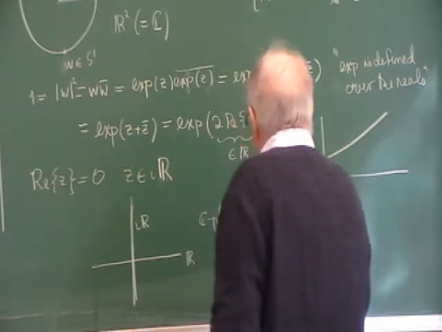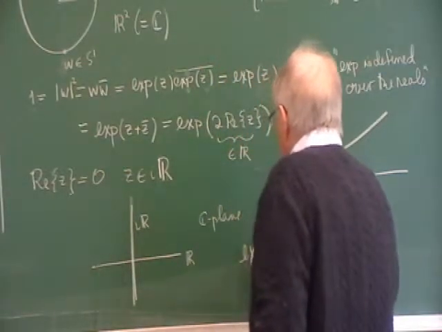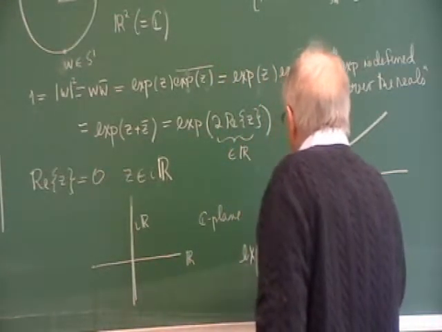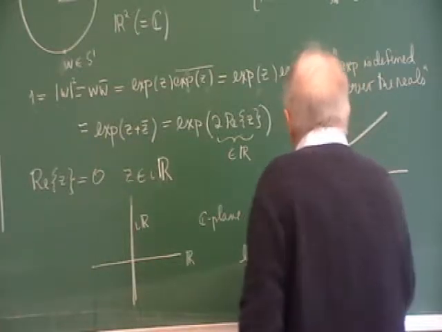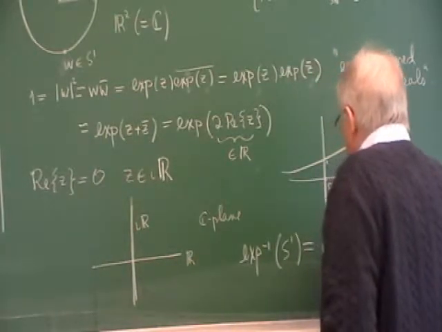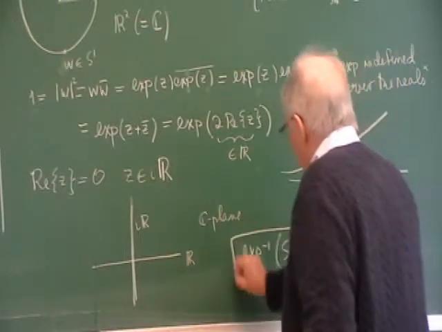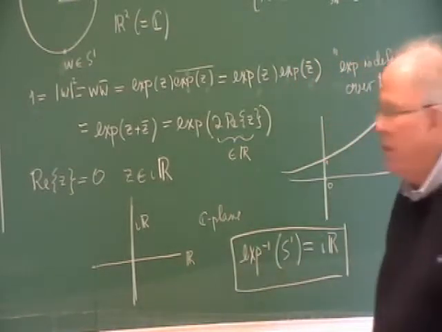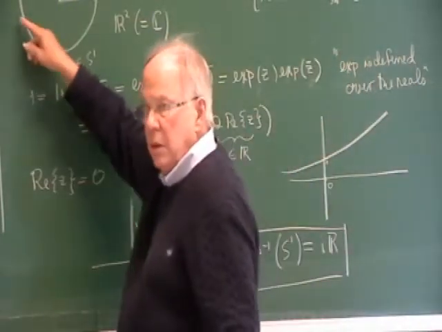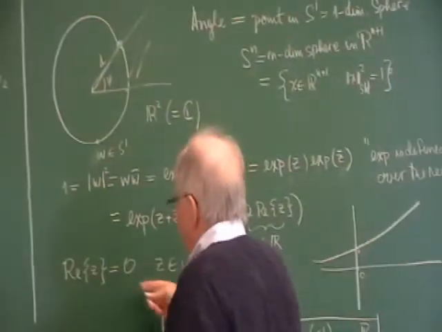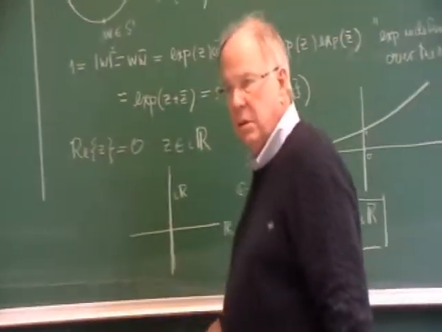We have the following answer: x inverse of the circle is equal to I times R. All right, isn't that what we proved? Everything that goes to the circle is I times R. You take any point in the circle, norm 1. You do this silly computation and you get this.